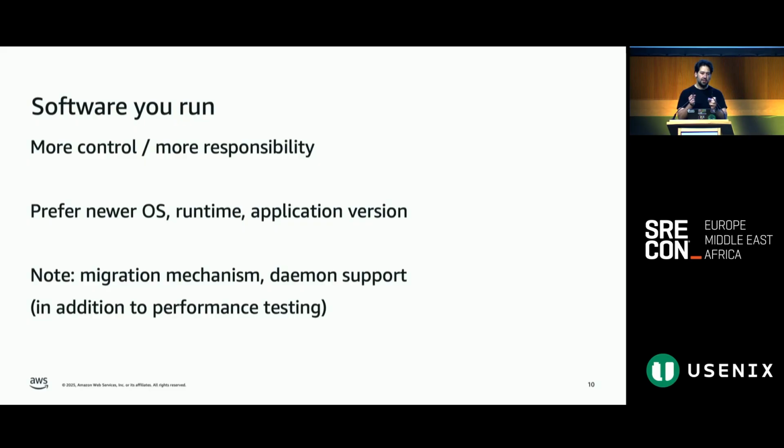But since you have more control and you are controlling the VM, you are controlling the operating system, maybe you are in an organization where you also have to install several agents inside these operating systems, you also have more responsibility. And these responsibilities include taking an OS that supports ARM64.